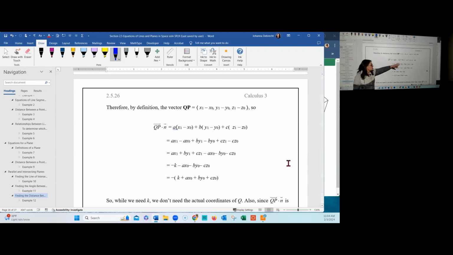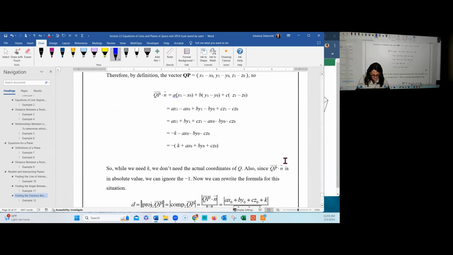Since they're all scalars at this point, we can use the distributive property, and then we can rearrange terms a little bit, and we can replace what we found to be K, or negative K, with this ax1 plus by1 plus cz1, which is the opposite of that constant. And then we end up with this expression right here, which has to be the dot product of QP dot the normal vector. So we don't actually need to know the points of Q, we just need this K.